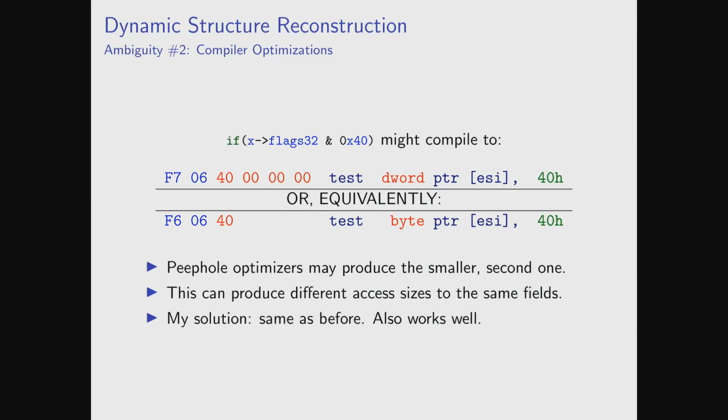But actually, it's perfectly legal to convert the instruction into a byte-sized access instead, since the only non-zero byte within that 32-bit constant is the lowest one, and just turn it into an 8-bit access instead. So again, this leads to ambiguity about the size of the field at that location. We might see multiple size accesses.